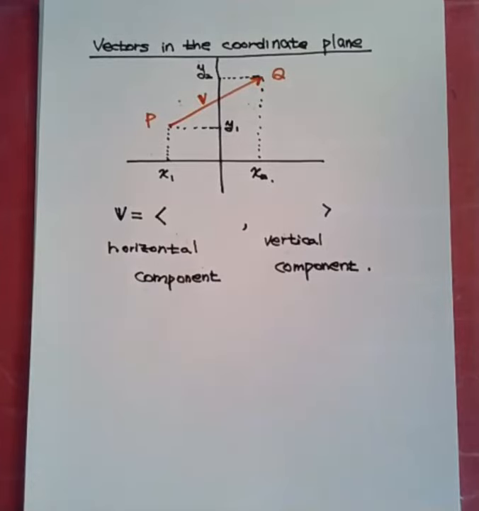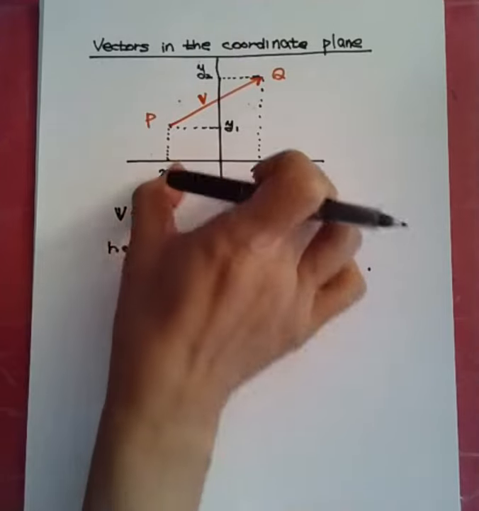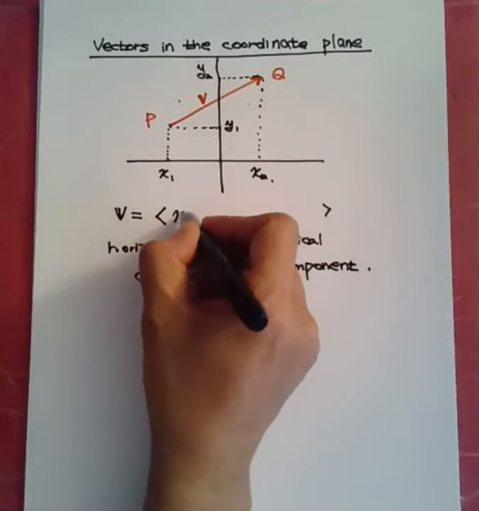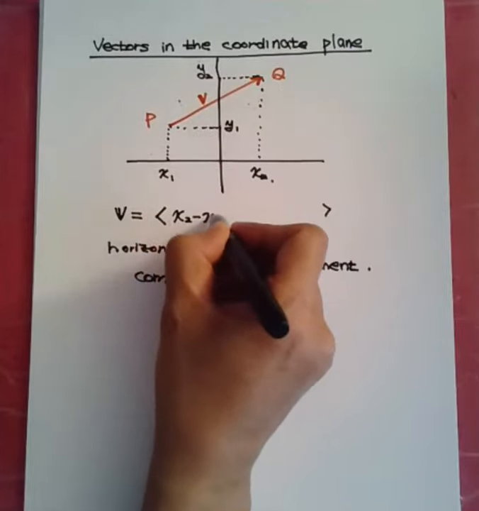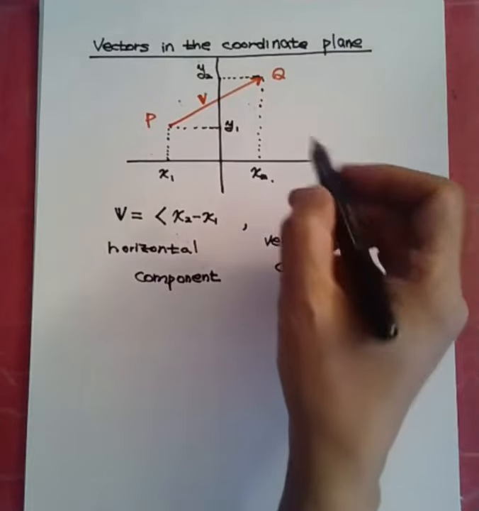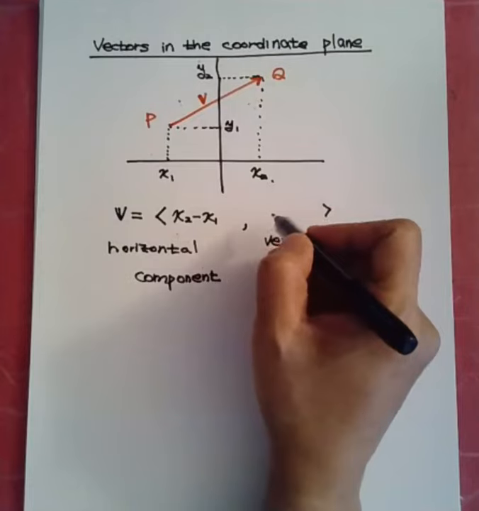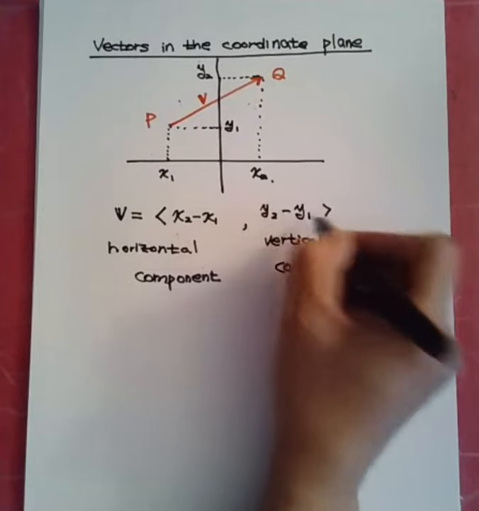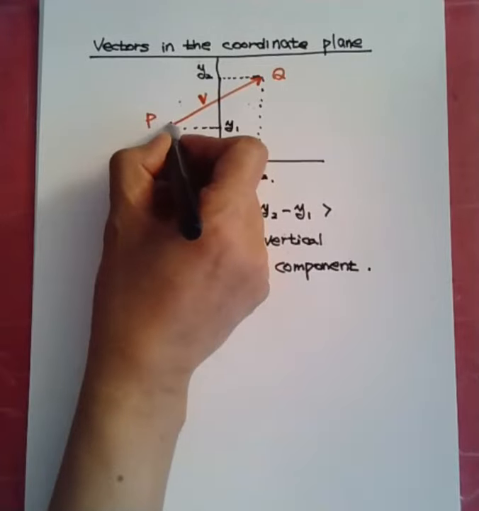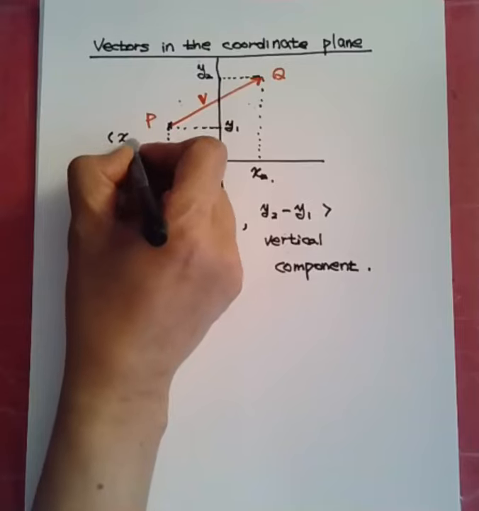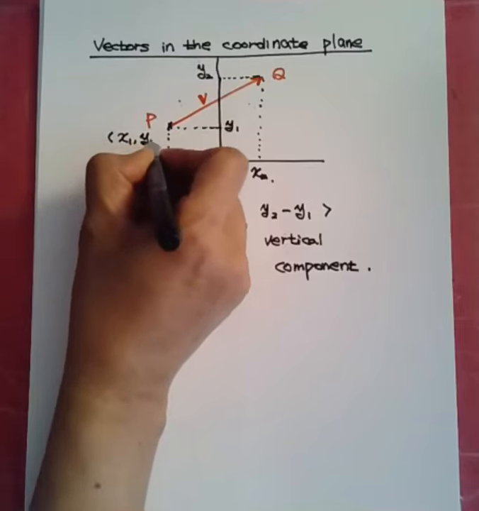When we describe the horizontal component of the vector, we think about the horizontal difference. So x2 minus x1. And the vertical component will be y2 minus y1. Of course, P as a coordinate is x1 and y1.